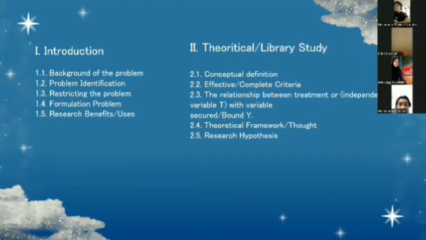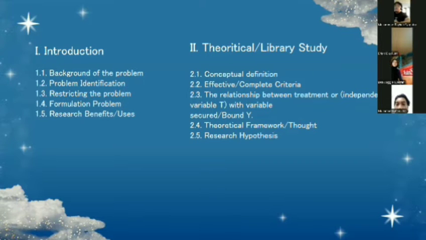As we said before, we already explained more about the things that we use in the paper. So this page is more about the theoretical. The second thing is theoretical, and theoretical includes a few things as well.